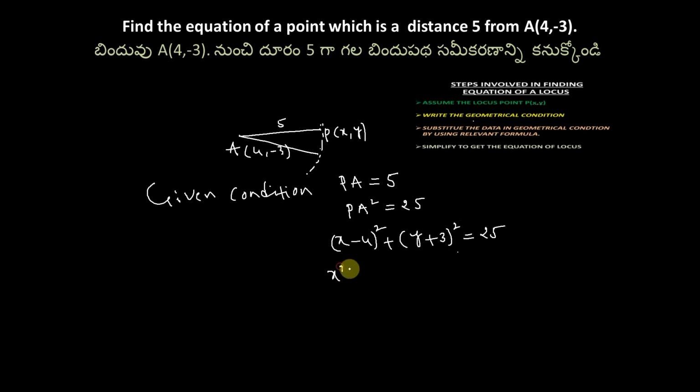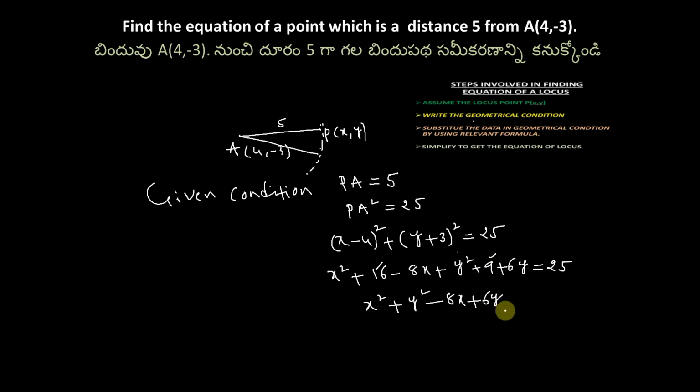On simplification and expansion I will get x² plus 16 minus 8x plus y² plus 9 plus 6y is equal to 25. On rearranging, second degree terms first: x² plus y². After that, first degree terms. Now 16 plus 9, this is plus 25.